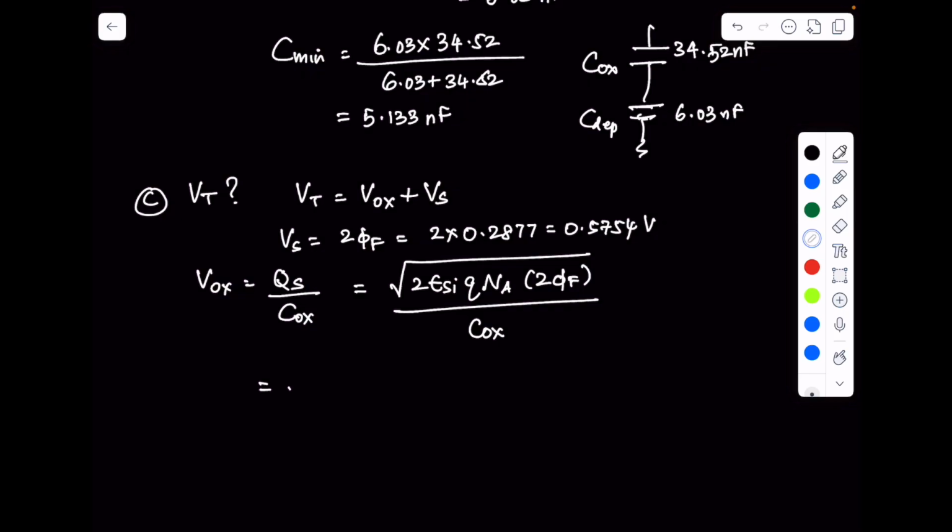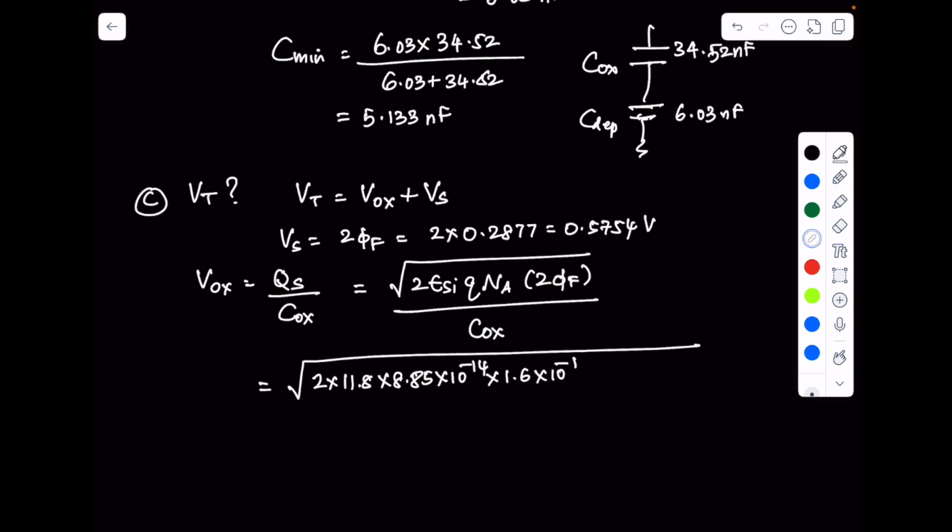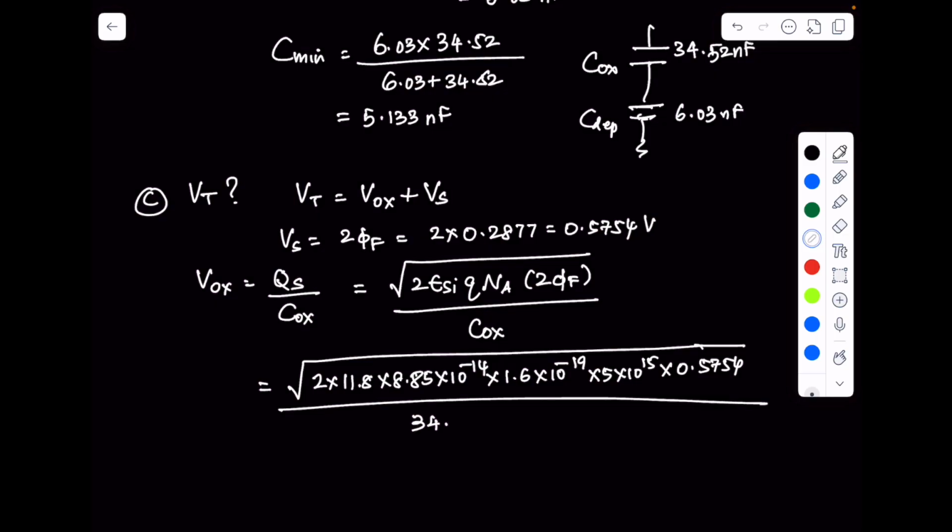So you can plug in the values. 2 into 11.8, 8.85 into 10 power minus 14, 1.6 into 10 power minus 19, into 5 into 10 power 15 into 0.5754 divided by Cox, which is nothing but 34.52 into 10 power minus 9.